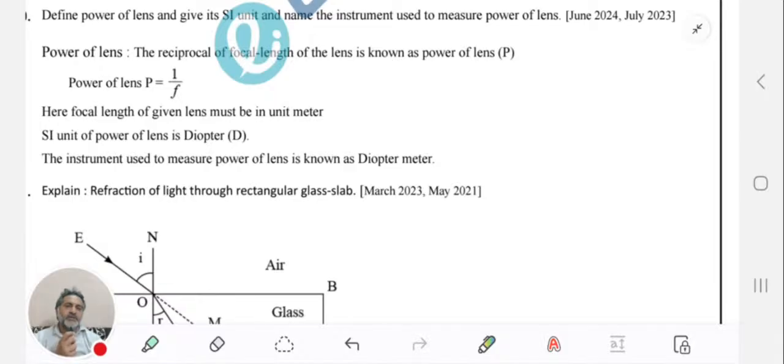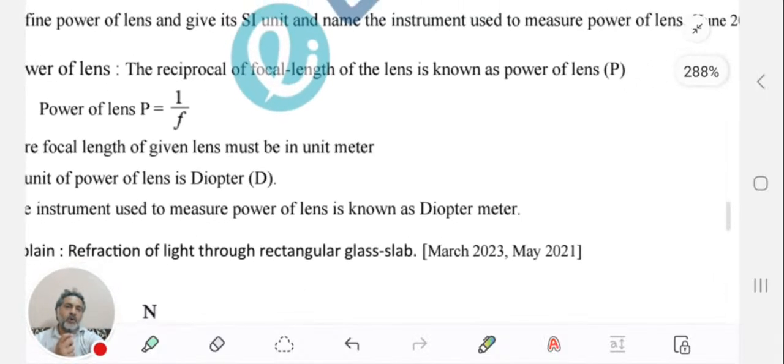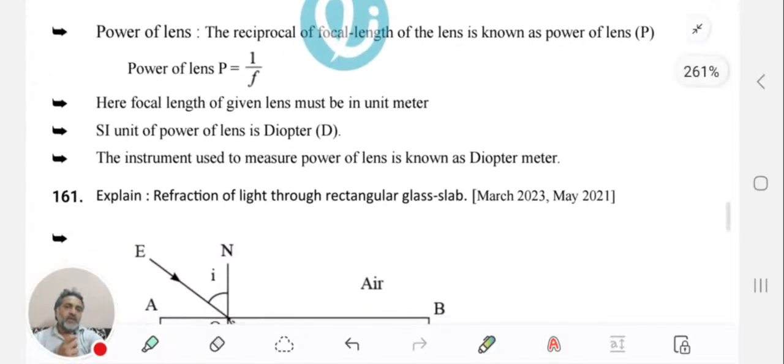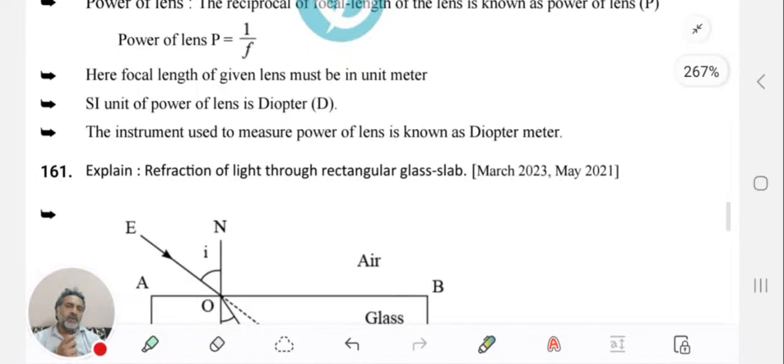Power of lens: the reciprocal of focal length of the lens is known as the power of lens P. So the power of lens P is equal to 1 upon f. Here the focal length of given lens must be in unit meter. SI unit of power of lens is diopter, capital D. The instrument used to measure power of lens is known as diopter meter.